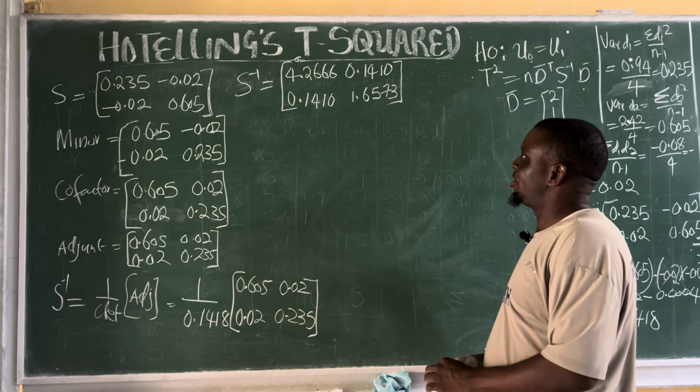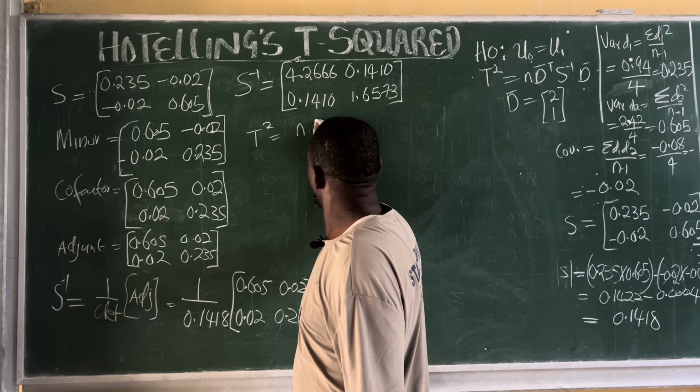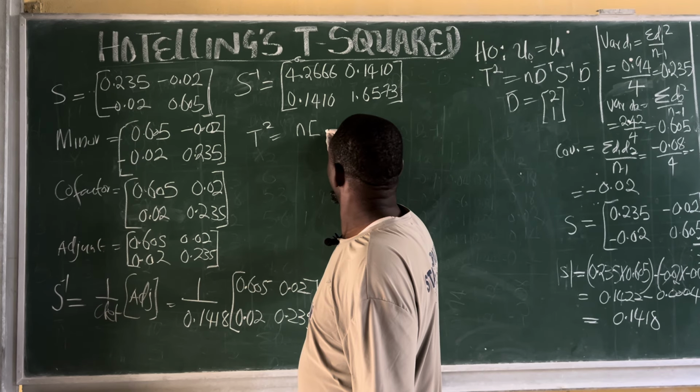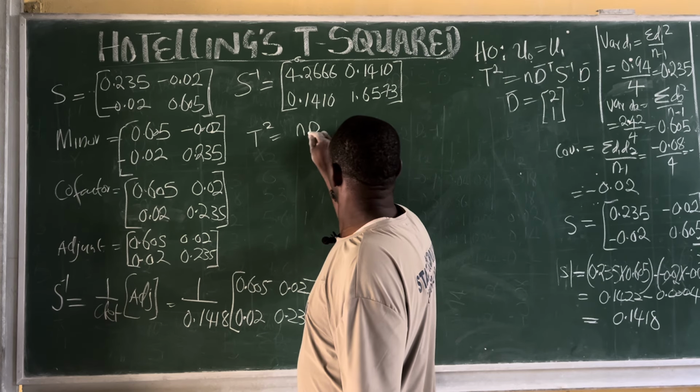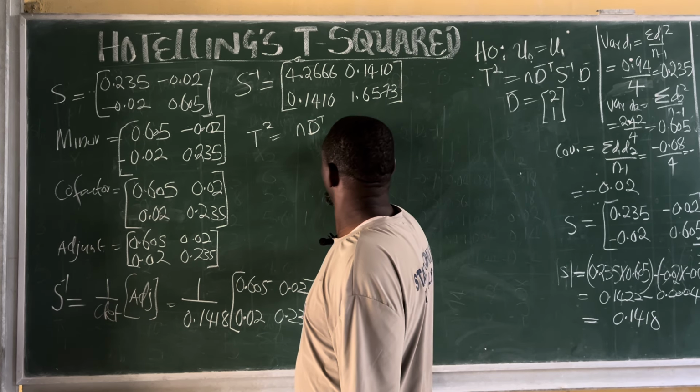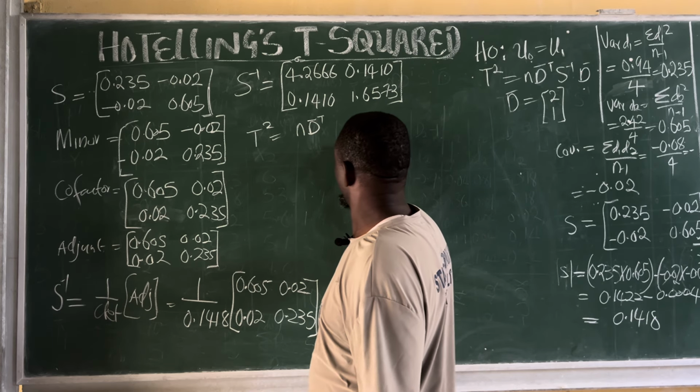We said T square is equal to n d bar transpose S inverse d bar.